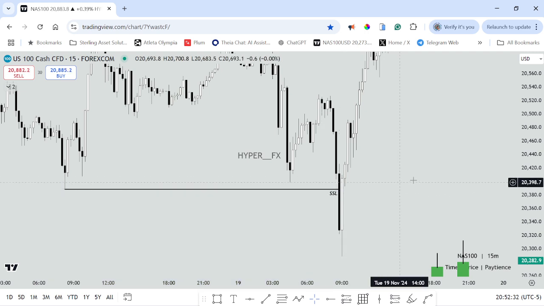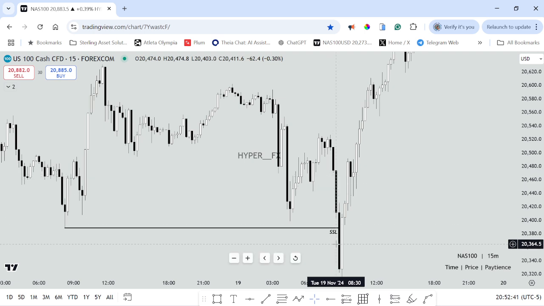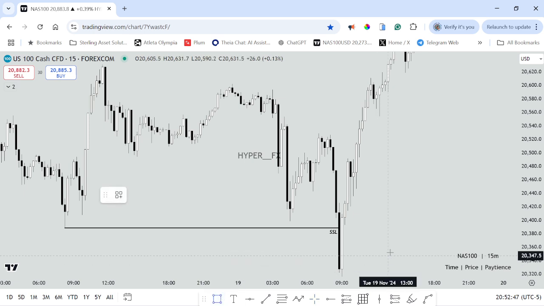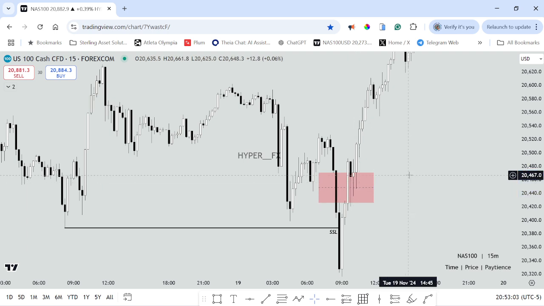So what happens right here is that once price took out this SSL, I started to look at the fair value gaps that were created when price went to take down this sell side liquidity. And if your price is working right, you will see that this is the fair value gap that was created when price went down. So our eyes will be on this fair value gap.